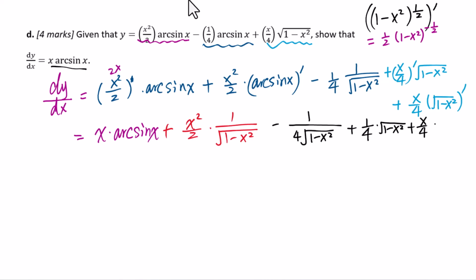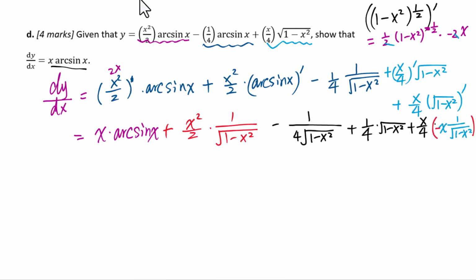We get 1/2 times (1 minus x squared) to the power of negative 1/2. Don't forget the chain rule, negative 2x. So we reduce.